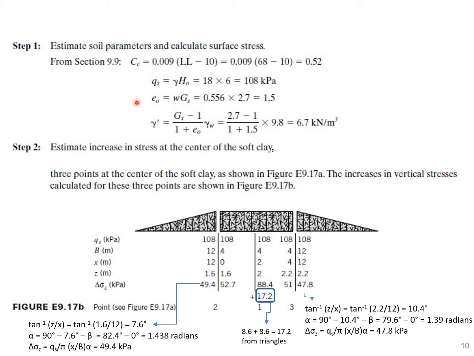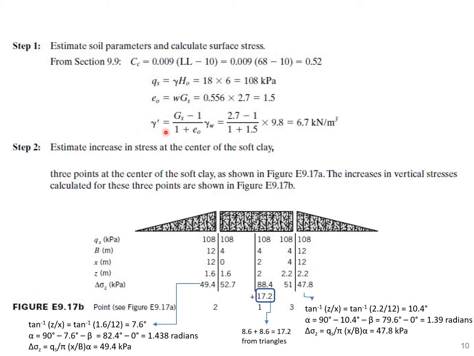If you look at the compressible soft clay layer, that is basically in the submerged condition, so the degree of saturation is obviously 100%. So we can use this formula: e_0 is equal to w G_s, and this is 0.556 multiplied by 2.7, so it is coming 1.5.